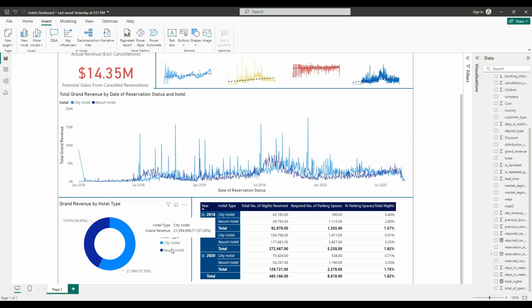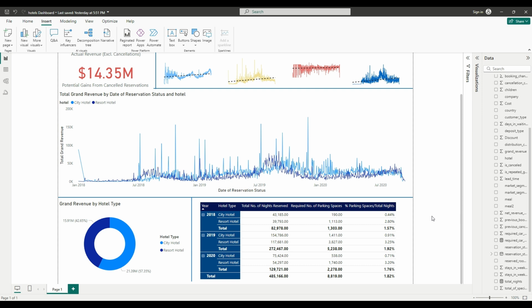You don't have very big mentionable measures where grand revenue favors one or the other. But again, the city hotel does bring in about 75%, which can be slightly attributed to these spikes that happen, these outliers that pull their grand revenue up.